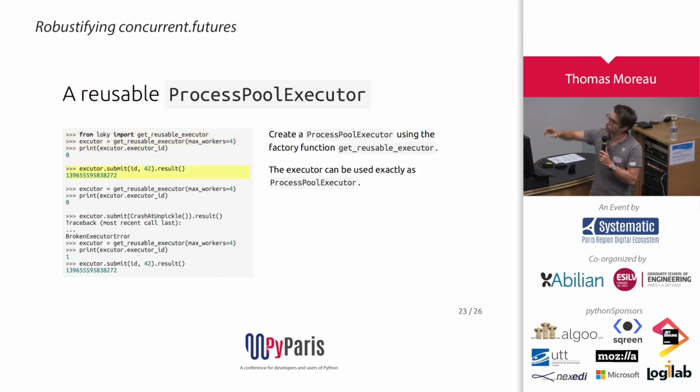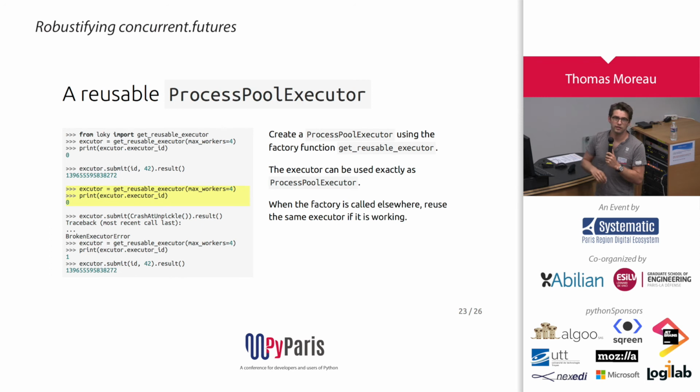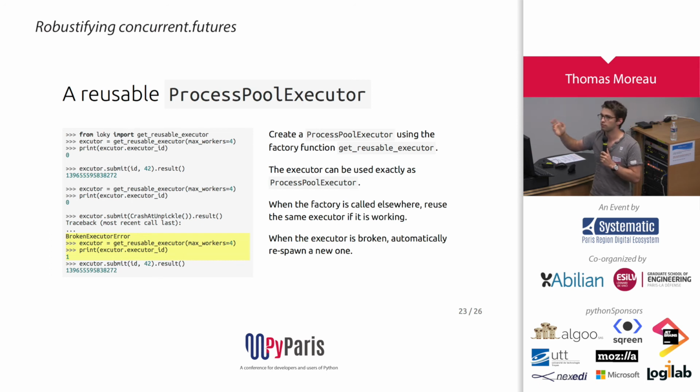It can be instantiated with the same parameters, and you can submit functions to it and get the results. The function also returns futures that you can use easily. And if you call get_reusable_executor at some other point with the same parameters, it will give you back the one that was previously started.